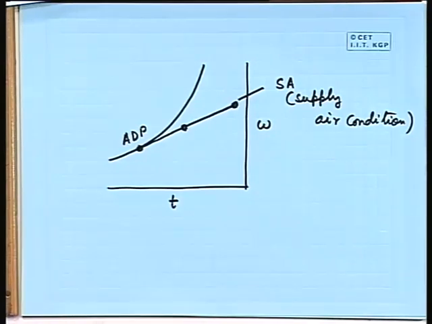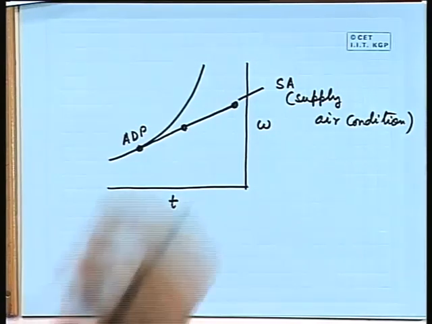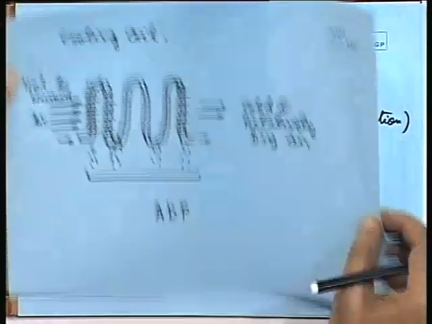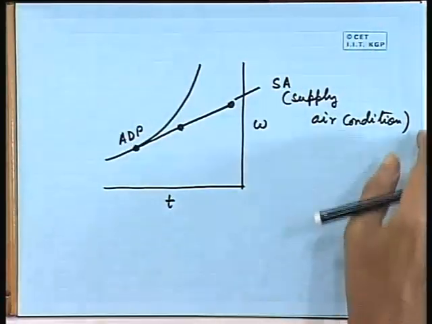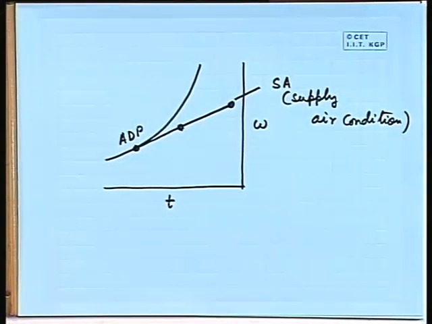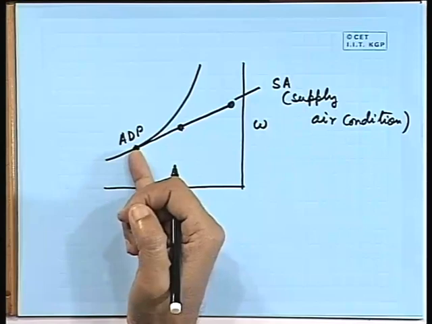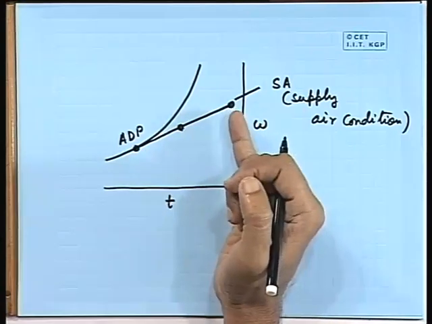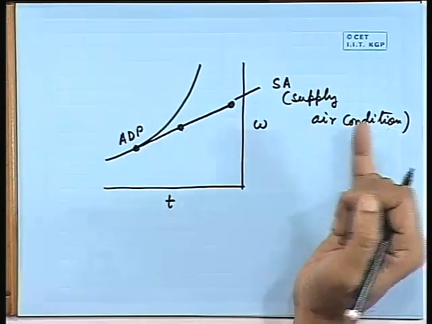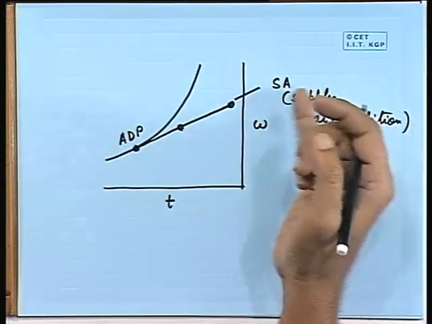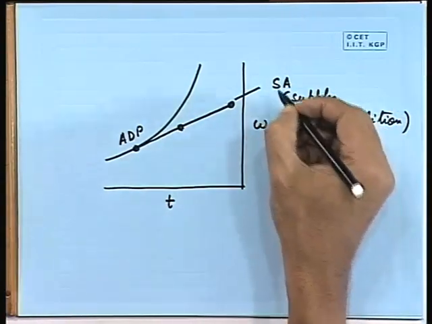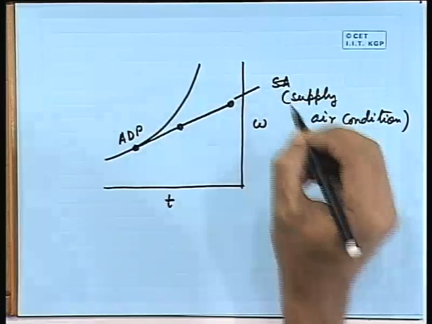Now, this particular aspect is described in a different manner in psychrometry. Okay. Is it understandable that if this is our apparatus dew point temperature, this will be the supply air condition? Actually, let us not write it as supply air condition.